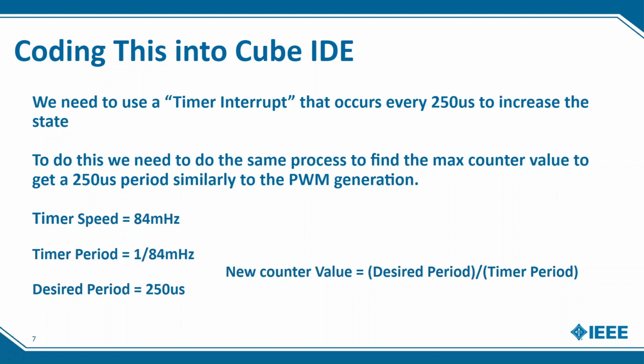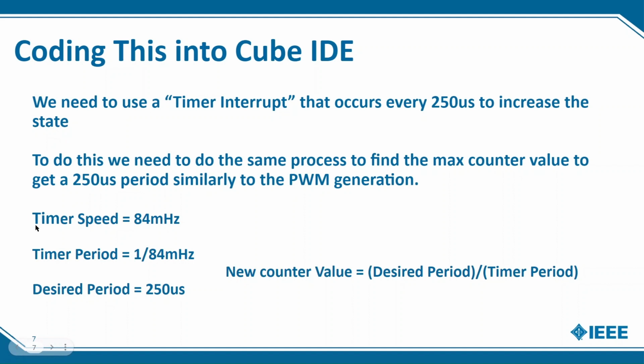However, in this case, instead of focusing on frequency, we want to focus on the period. Period and frequency are just inversely related. For example, the period of 24 kilohertz is simply 1 divided by 24,000. In this case, we're already starting with the period, which actually makes our calculations a lot easier.